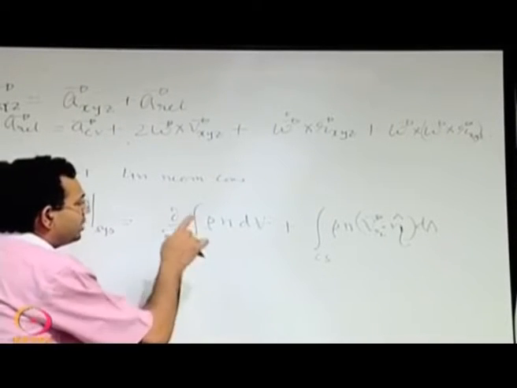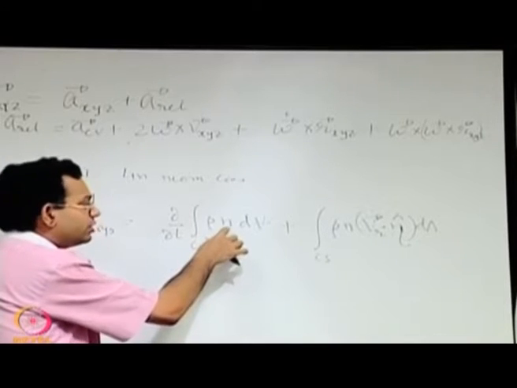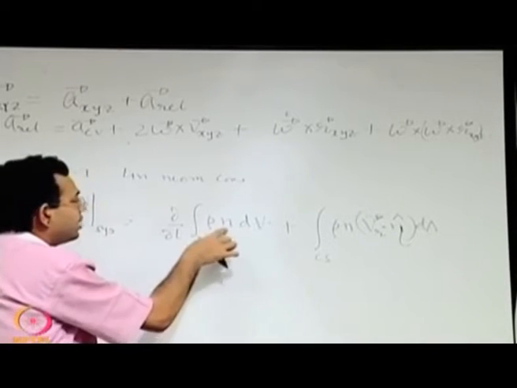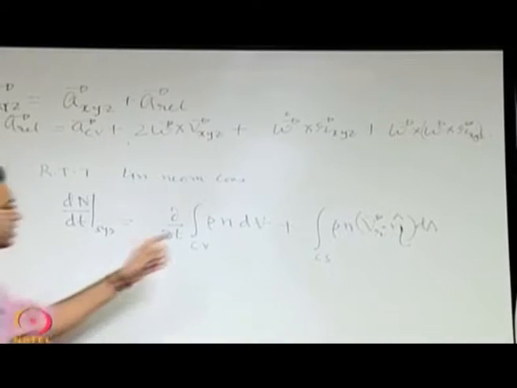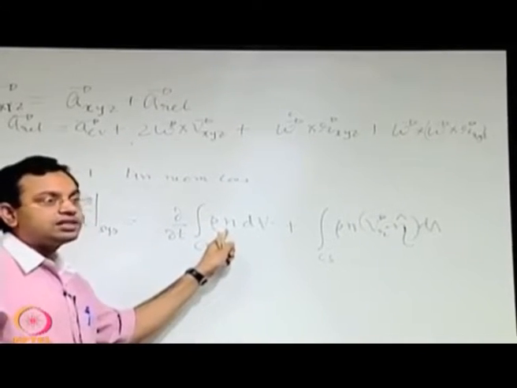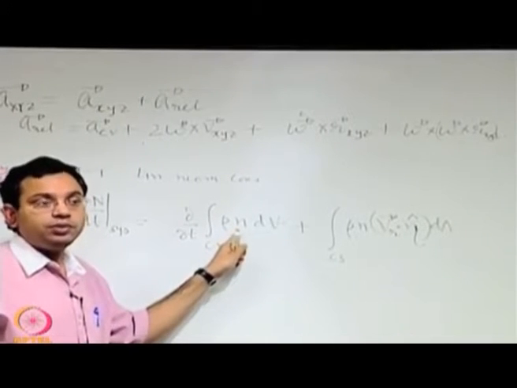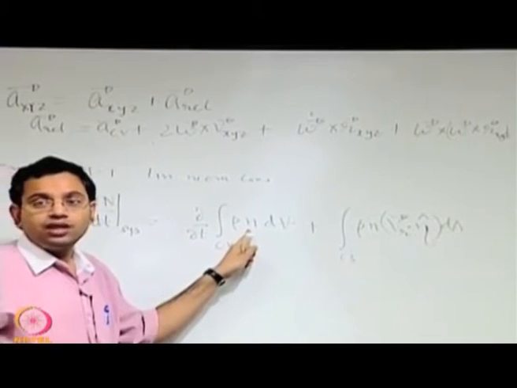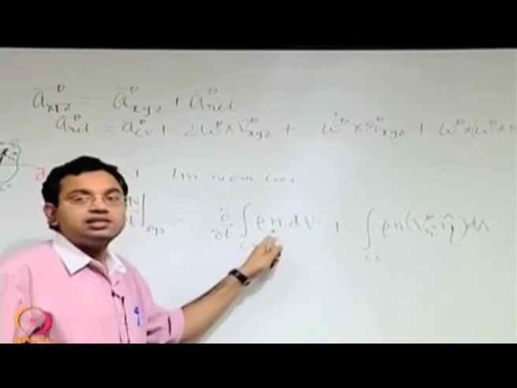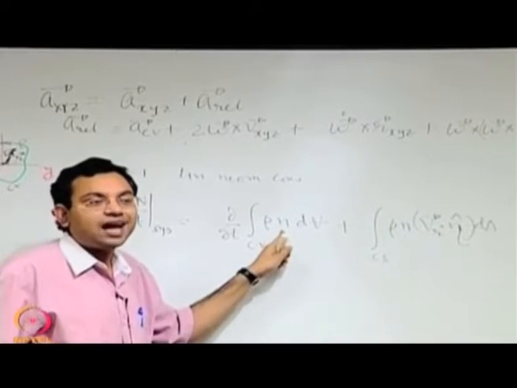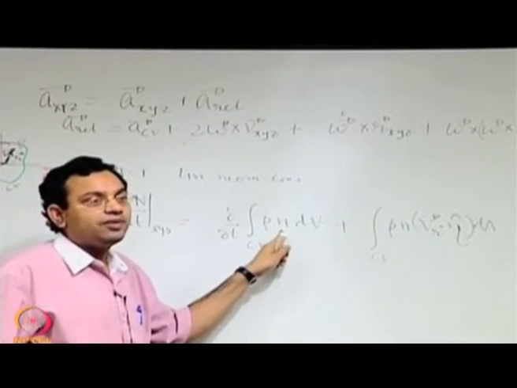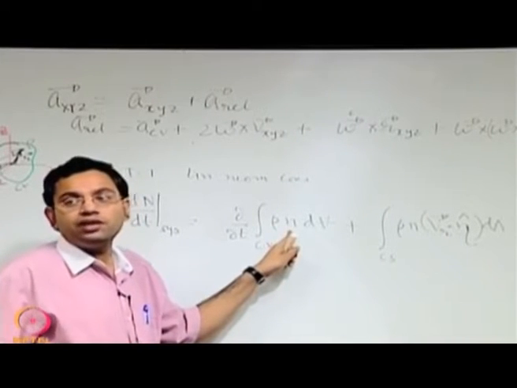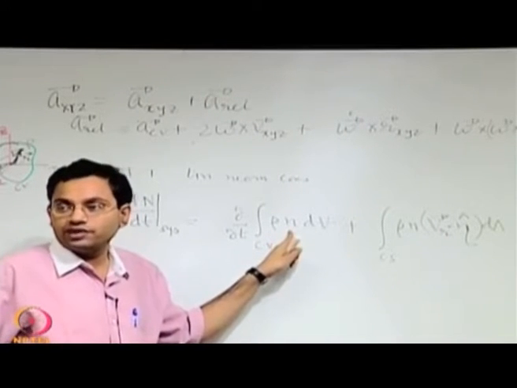Now one important thing is that we have no restriction on the choice of this capital N and small n, that is we are not restricted to write this only as quantities relative to an inertial reference frame. We may even write this relative to quantities in a non-inertial reference frame, because when we derived this theorem we never had any consideration for a specific inertial or non-inertial choice of the reference frame.